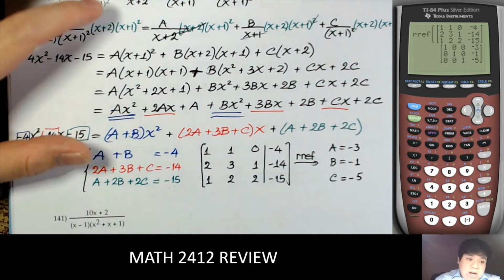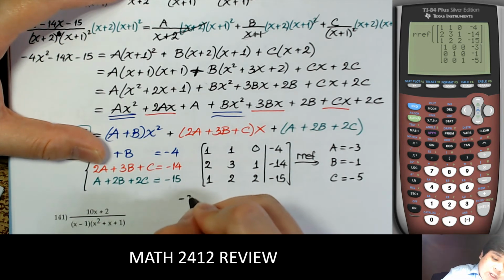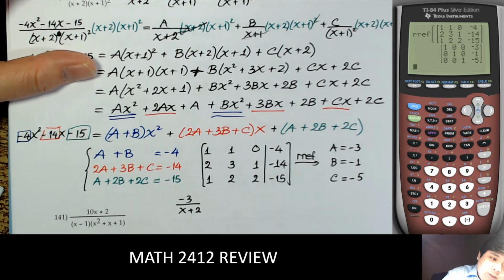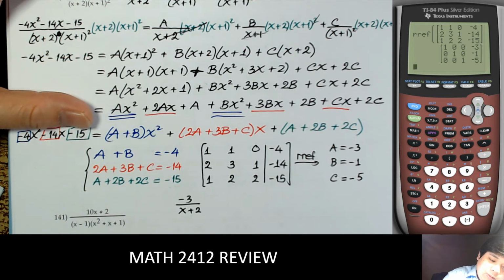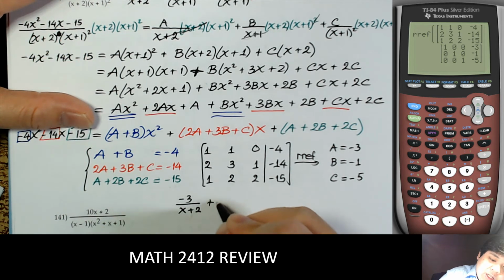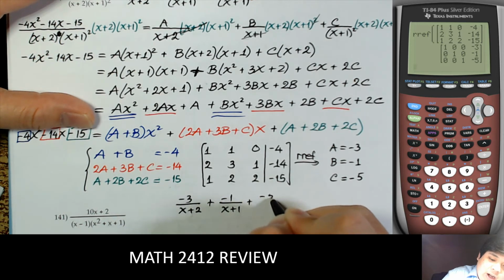When we put all together, A is negative 3 over x plus 2, B is negative 1 over x plus 1, and C is negative 5 over x plus 1 squared.